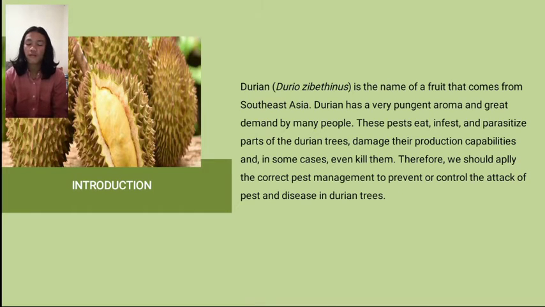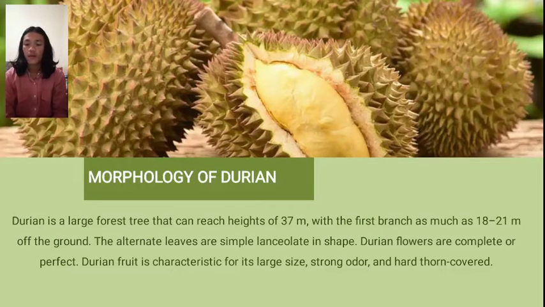Pests infest and parasitize parts of the durian trees, reducing their production capabilities and in some cases even kill them. Therefore, we should apply the correct pest management to prevent or control the attack of pests and diseases in durian trees. And next, the morphology of durian.